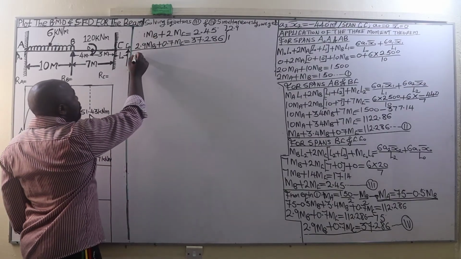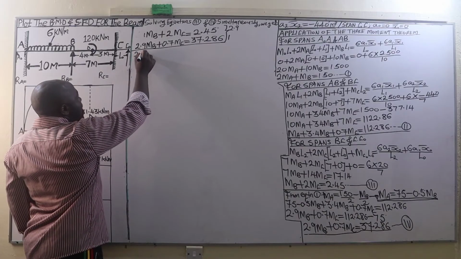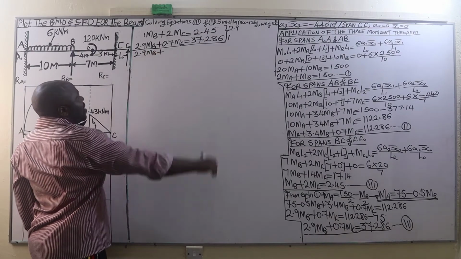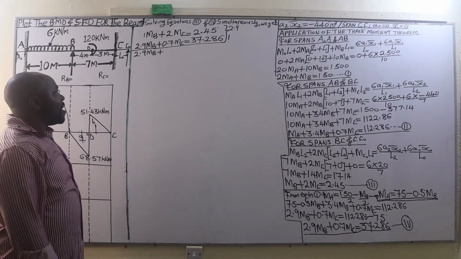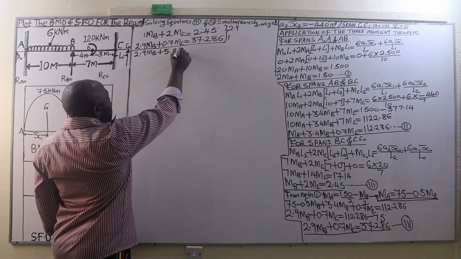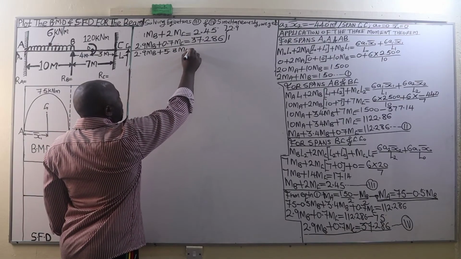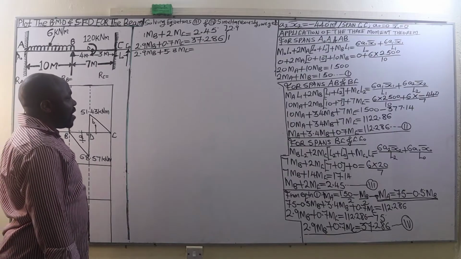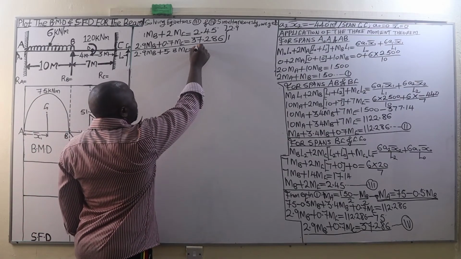So we are going to have 2.9 MB plus 2.9 multiplied by 2, that is 5.8. So we got 5.8 MC is equal to 2.45 times 2.9, that is 7.105.